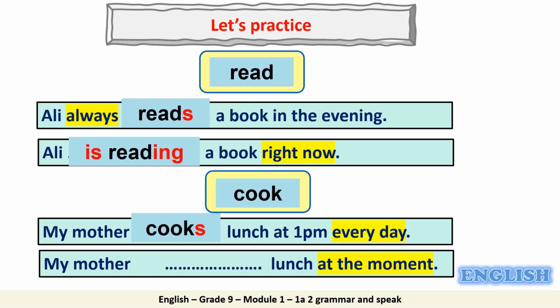The highlighted words every day guided us to choose the correct tense. The second sentence, my mother is cooking lunch at the moment. Present progressive. The highlighted words at the moment guided us to choose the correct tense.